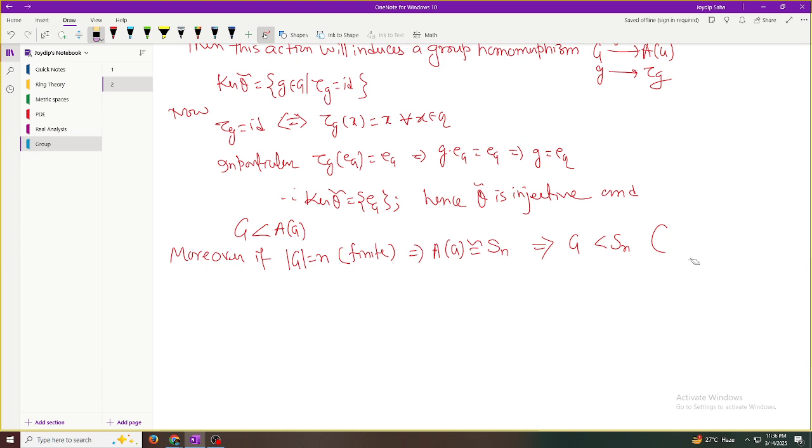So I can embed any finite group into S_n.